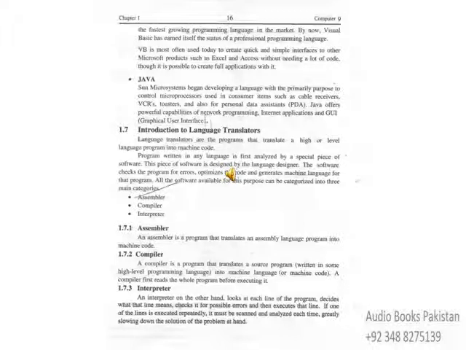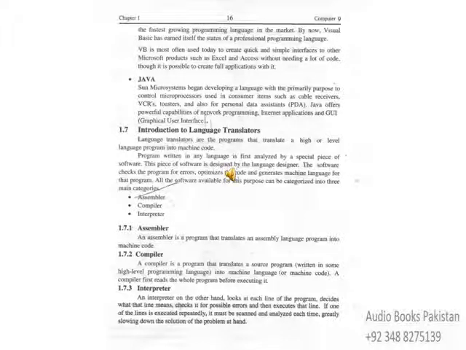The software checks the program for errors, optimizes the code and generates machine language for that program. All the software available for this purpose can be categorized into three main categories: assembler, compiler, interpreter.